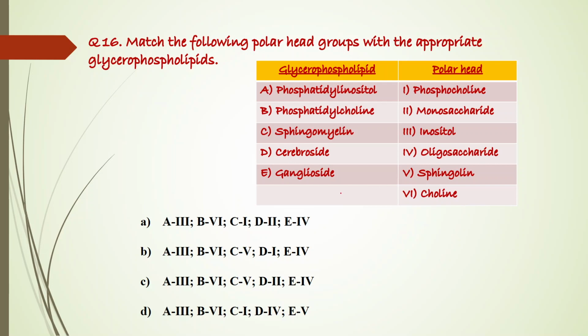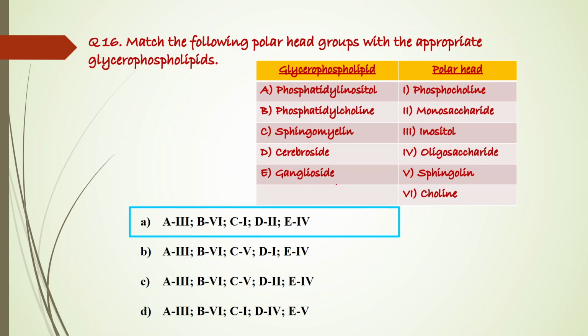Now let us match. Previously I discussed that in case of ganglioside, you have your sugar moiety attached with the OH group of sphingosine, that is a complex oligosaccharide. So our E matches with 4.